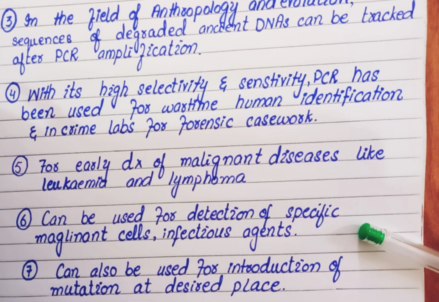Sixth, it can also be used for detection of specific malignant cells and infectious diseases like mycobacteria, viruses and tuberculosis. In the last, it can also be used for site-directed mutagenesis, or introduction of mutations at a desired place. So here we have some applications of polymerase chain reaction.